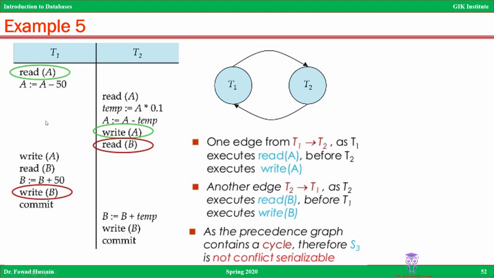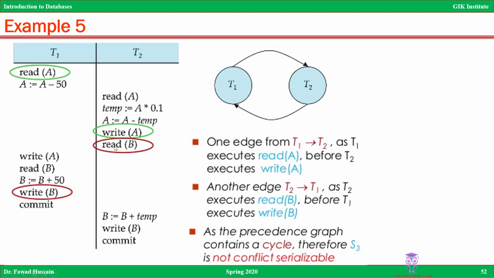Moving on to the next example, we see we have a read A and then there's an update on A, and there's a second read A over here. So read after read, not an issue. There's an update, not an issue. But a write after a read, there is an issue. So once you have this, you are going to write a dependency between T1 and T2, which you can see over here.